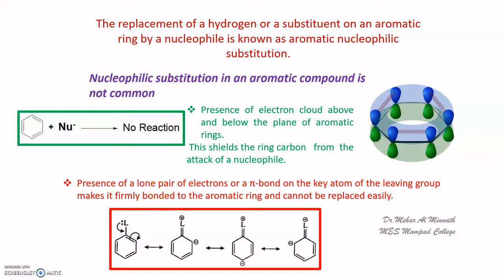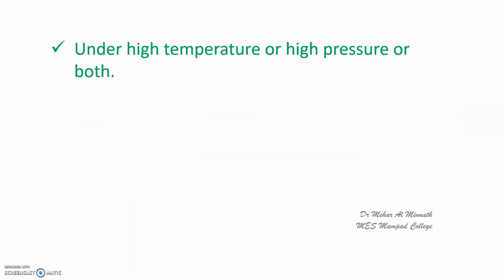But there is a way out. We can carry out nucleophilic substitution reactions on an aromatic ring by slight variations. We shall see those. You can increase the temperature or pressure, that is, bring in drastic conditions: very high temperature, very high pressure, or both.